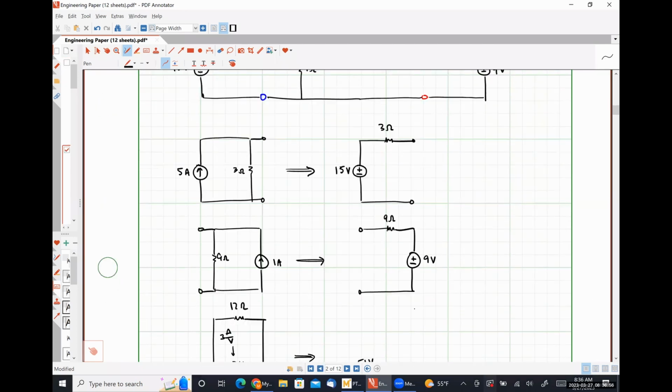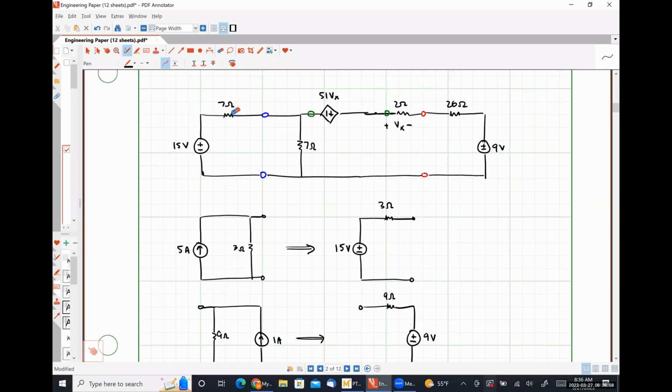Which places my two 7 ohm resistors in parallel, so I can combine them into a 7 over 2 ohm resistor.